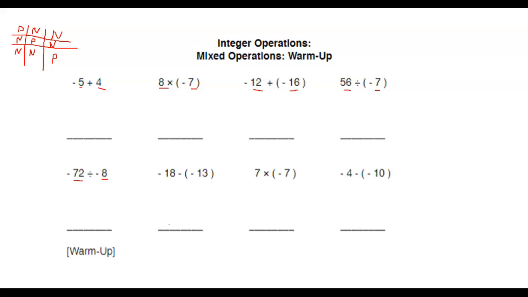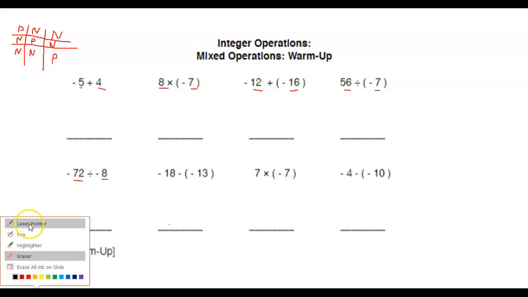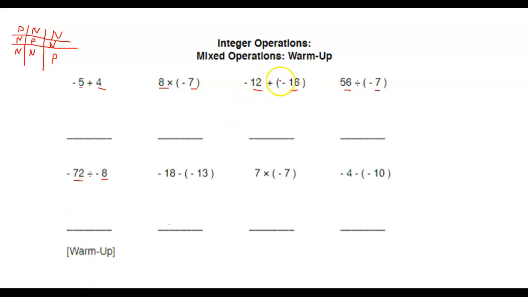All right, over here, we got to be careful because this is mixed operations. This is actually going to be a case where we're adding. So we're going to add the two numbers together, and I got to remember my addition rules. If I'm adding the same sign numbers, I just keep the signs the same.